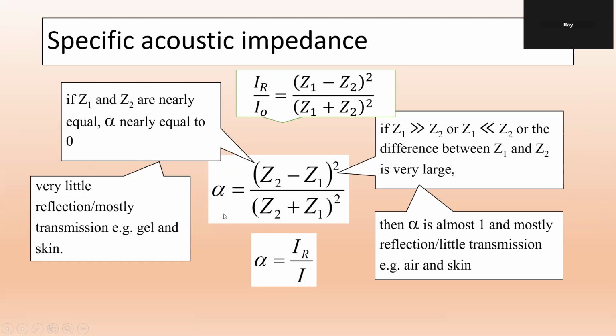So alpha near 0 means very little reflection, almost 100% transmission, whereas if alpha is 1, it's mostly reflected, with little transmission. Memorize this one.